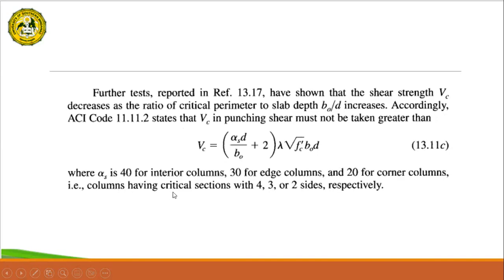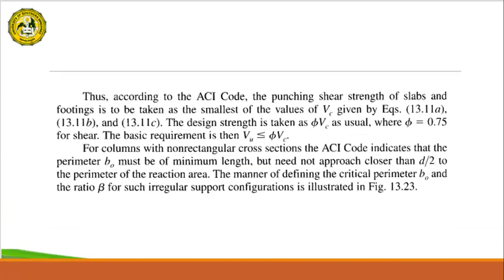So for example, columns having critical sections with 4, 3, or 2 sides respectively. So that's according to the ACI code, the punching shear strength of slabs and footings is to be taken as the smallest of the values of Vc.